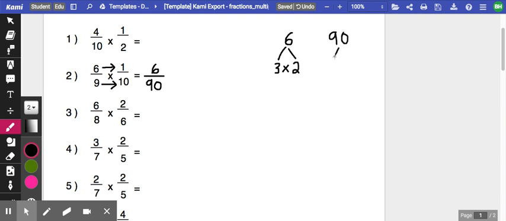I can do 9 times 10. Neither of those is prime, so I have to break this down again. I can do 9 as 3 times 3, and 10 as 2 times 5.